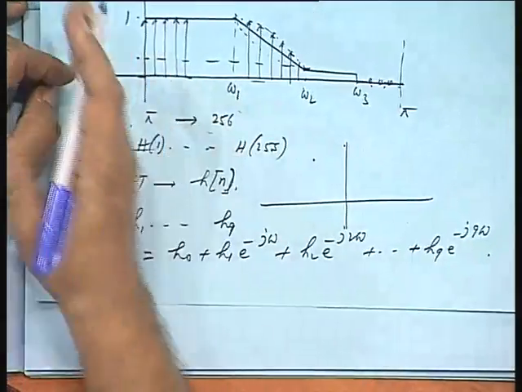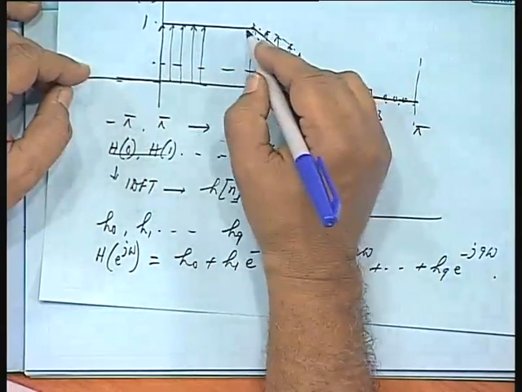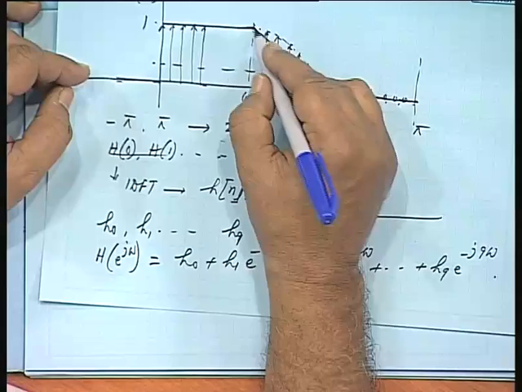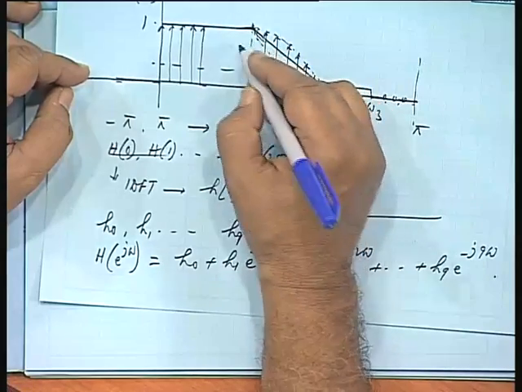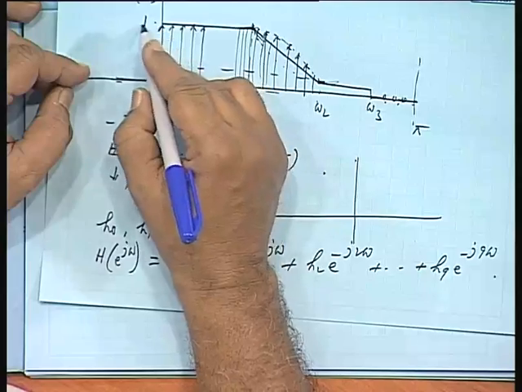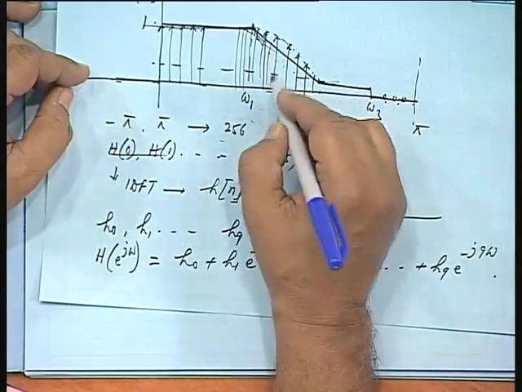I need not have uniformly spaced points. I can choose a large number of points near the transitions. Wherever there are sharp discontinuities, I take a large number of points, and wherever it is flat or has uniform characteristics, I take fewer points.